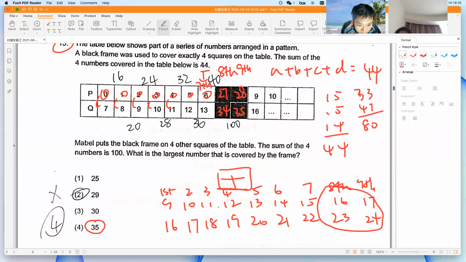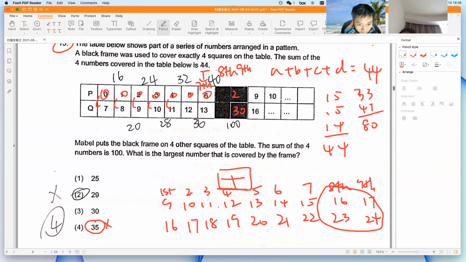So if you guess this is 35, the largest, right? What's the largest number that's covered by the frame? Hold on, 35. Okay, so 35 cannot be, right? Because based on this, 35 cannot be. Then you test. Let's test 30.